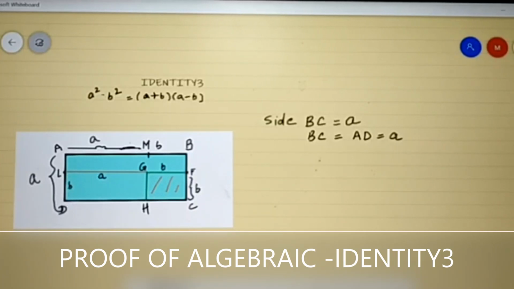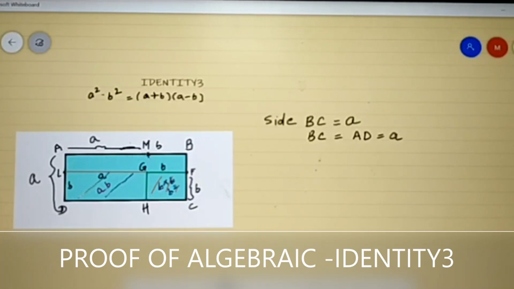And so we can find the area of this rectangle GLDH. The area of this rectangle is length into breadth, that is a into b. Similarly, this is a square FGHC and side into side means the area of this square is b into b, that is b square.